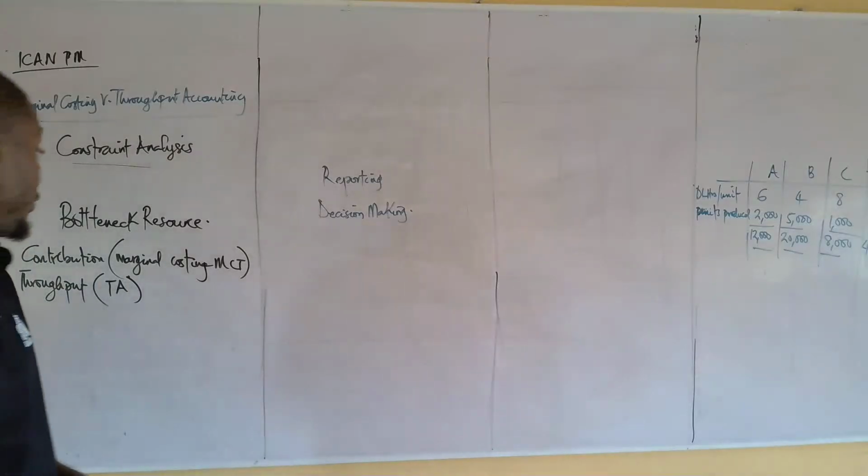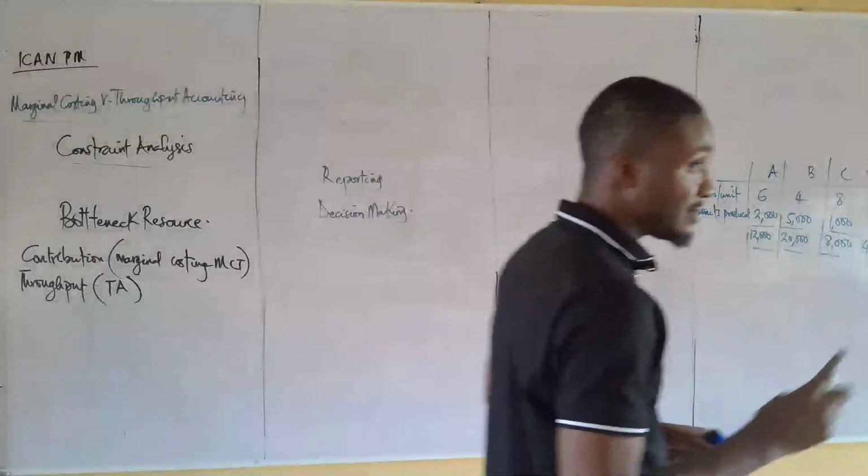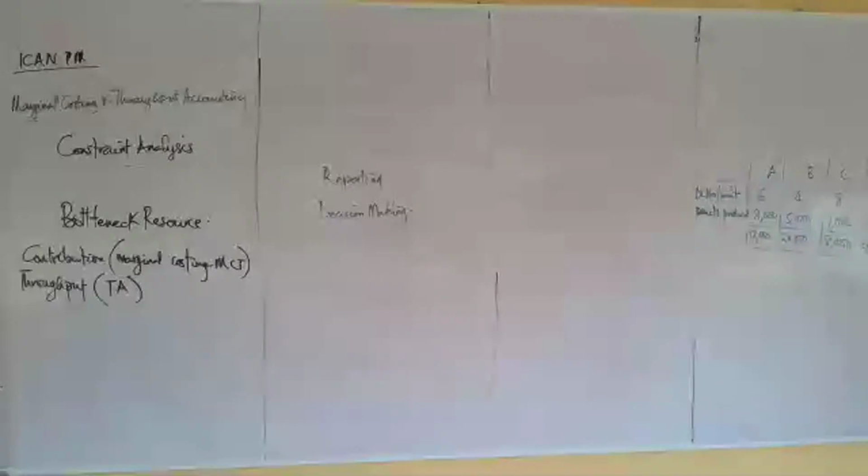Second step. Calculate contribution in brackets, marginal costing. Or throughput, depending on which method you're using.